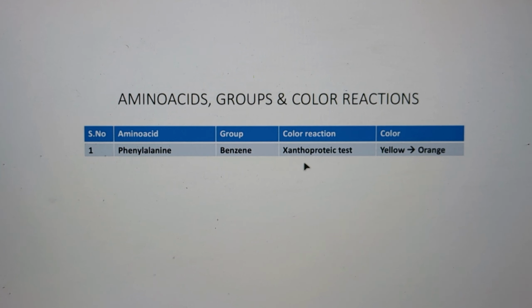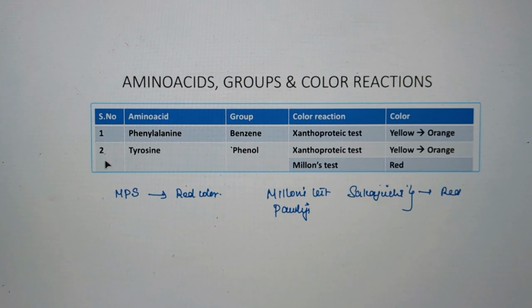Example: when nitric acid comes in contact with the palm, it causes a yellow discoloration known as the xanthoproteic reaction. Tyrosine group phenol. Color reaction Millon's test gives red color. It also has xanthoproteic acid test which gives yellow color.